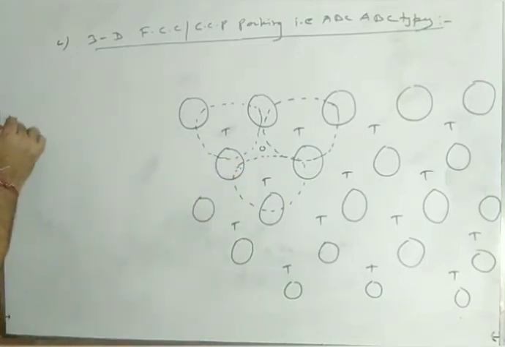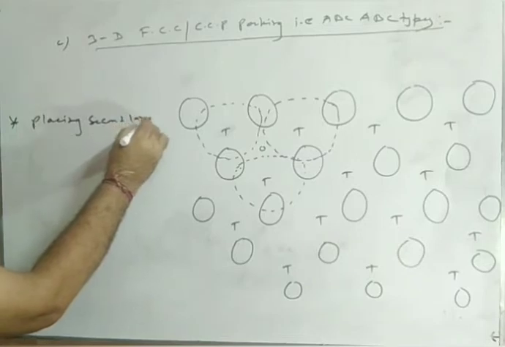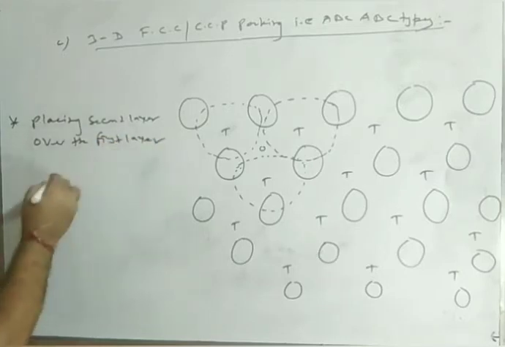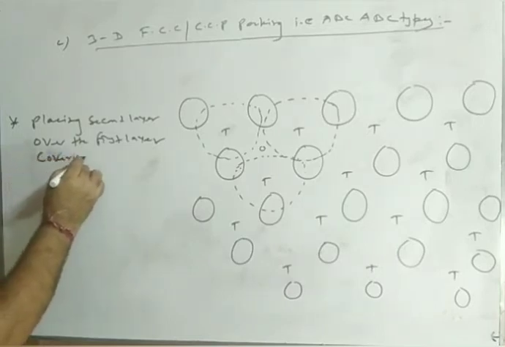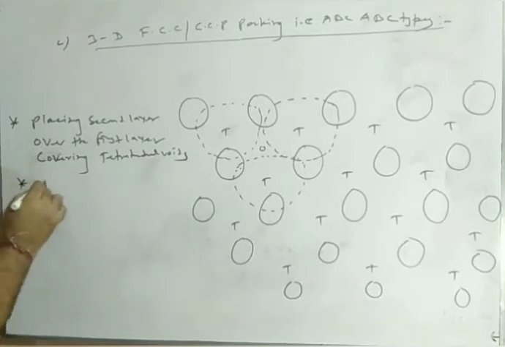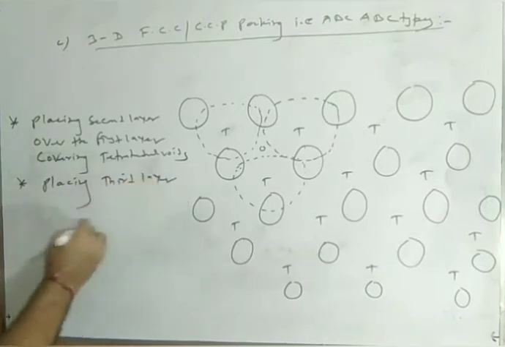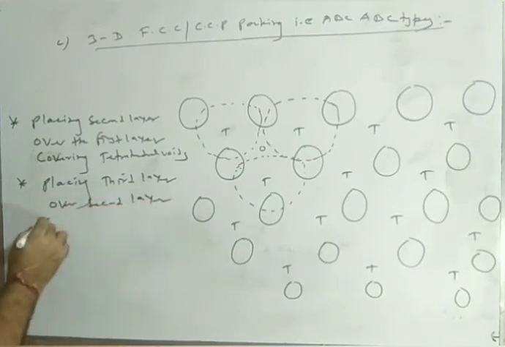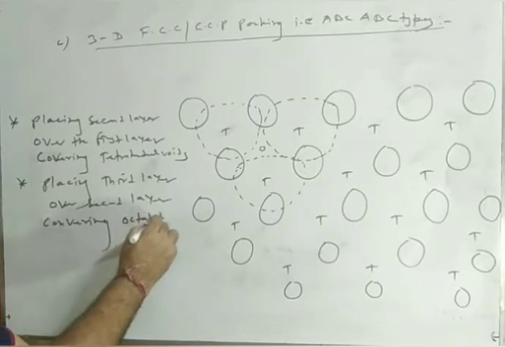So we can say, placing the second layer over the first layer, covering tetrahedral voids, placing the third layer over the second layer, covering octahedral voids.